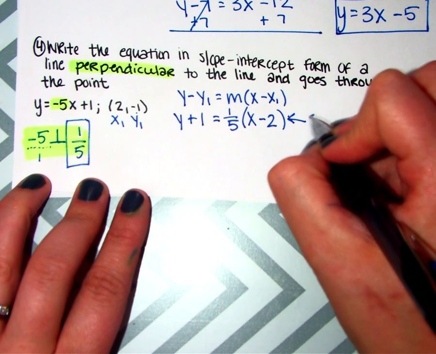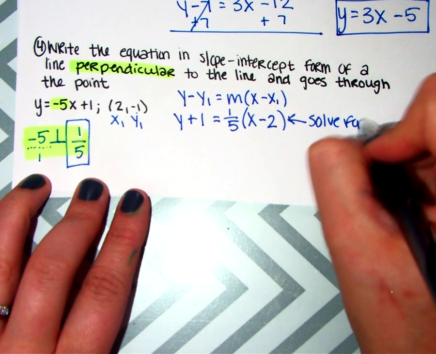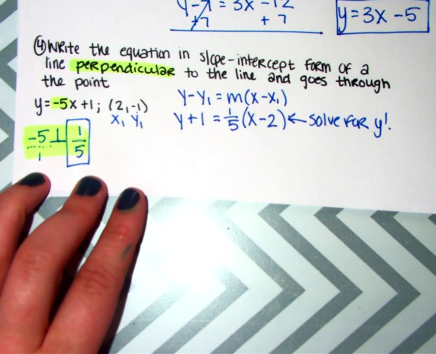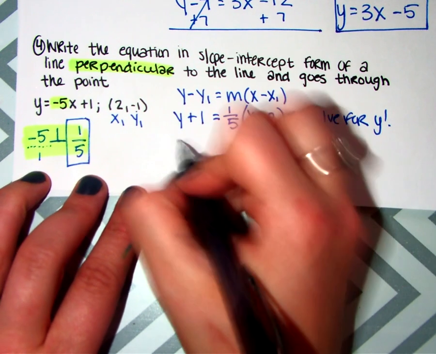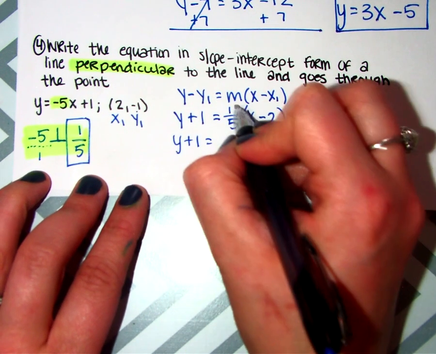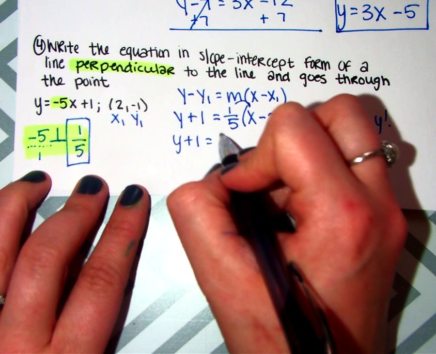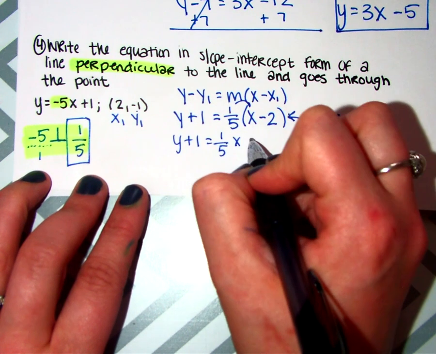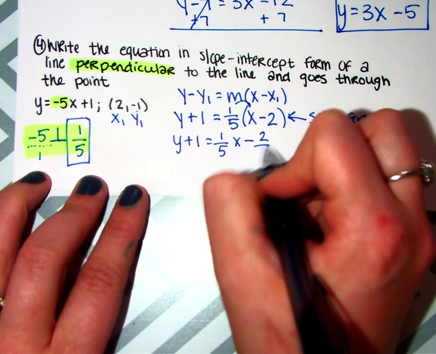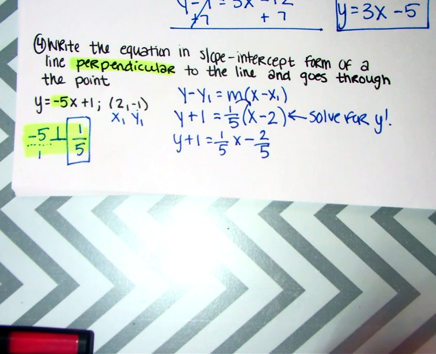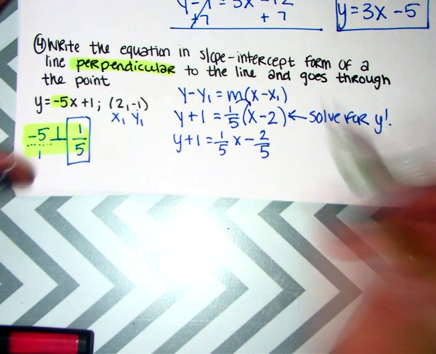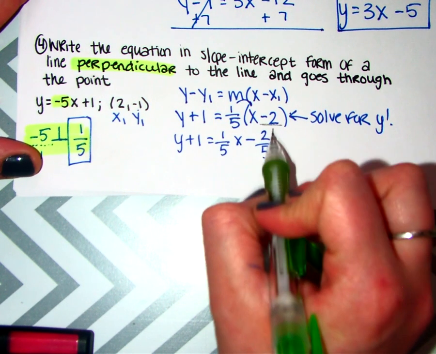Again, once we get to here, all you have to do is solve for y. That's it. So I'm going to distribute. y plus 1 equals 1/5 times x is 1/5 x minus 2/5. Now, if you're unsure on how to distribute with fractions, this -2 is technically over a 1.